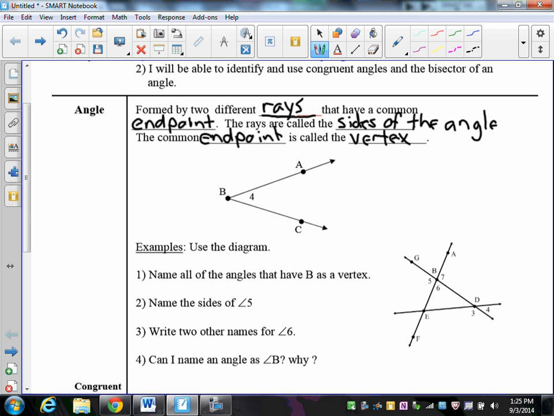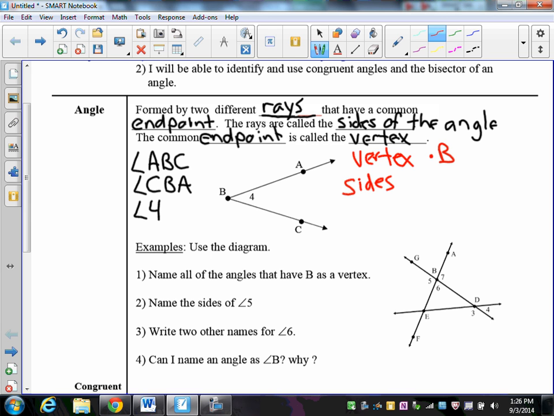So if we take a look at this angle right here, we can name it a few different ways. We can name it angle ABC, angle CBA, or angle 4. Using our vocabulary, we would say the vertex is point B. Remember, when we write a point, we write a dot first, and we would say the sides are ray BA.